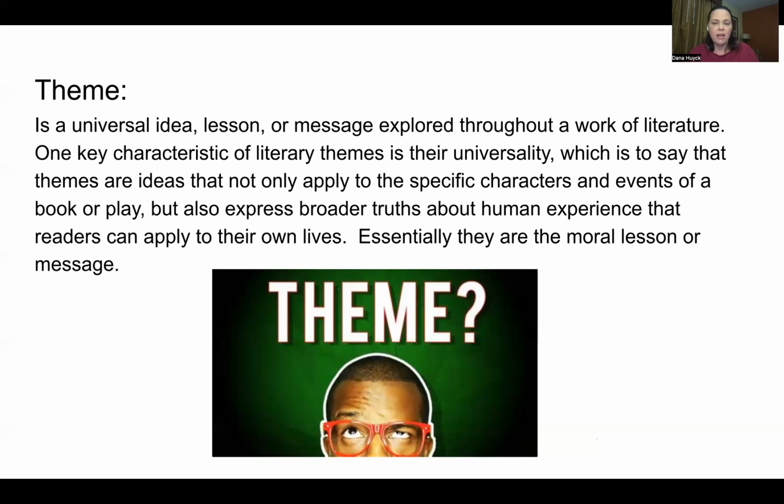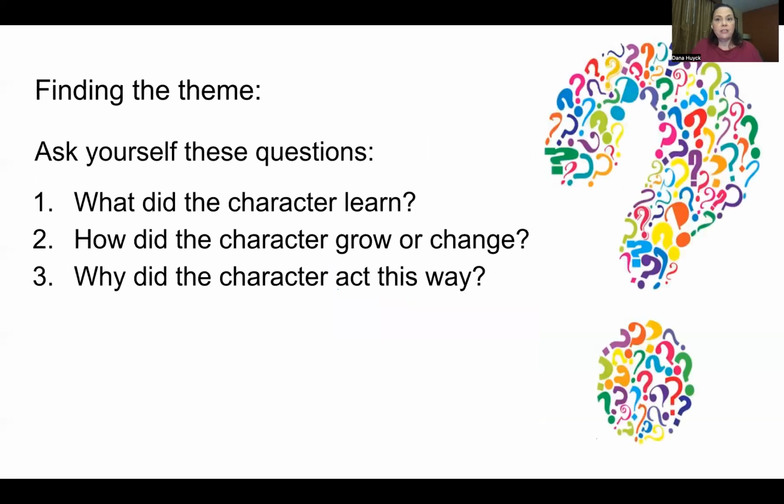Every author, when they write, has a message that they want to get to you, and they don't always write it down and say, this is the lesson that you need to learn. They love kind of hiding it in there and keeping it between the lines. So keep yourself open and ask yourself these questions as you go through, and they might help you pick out the theme.